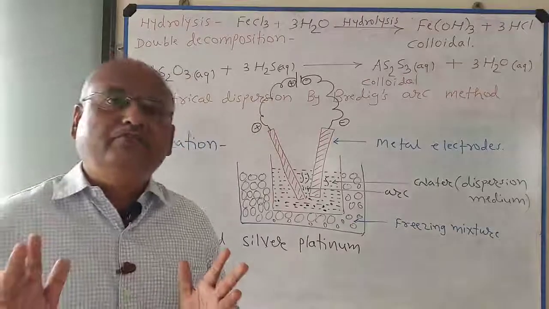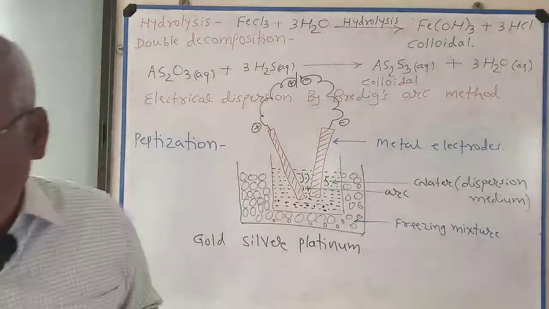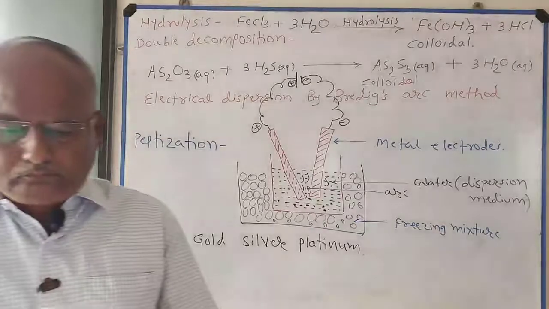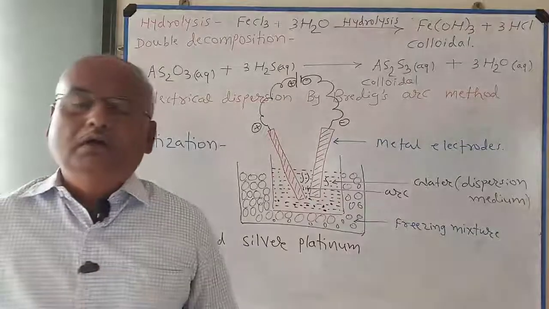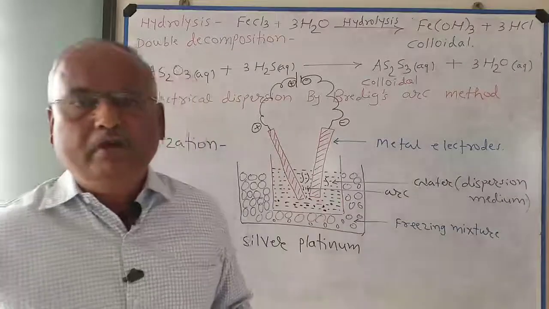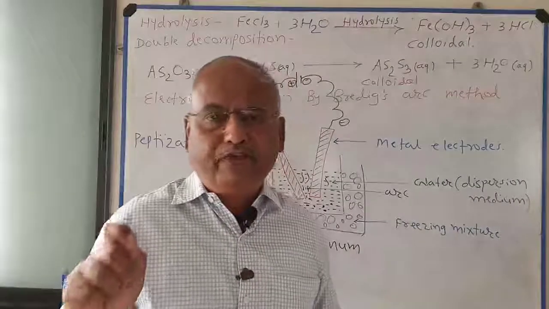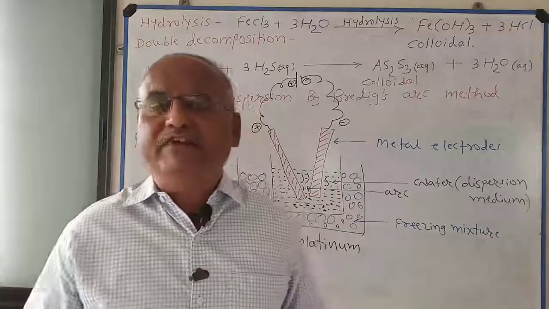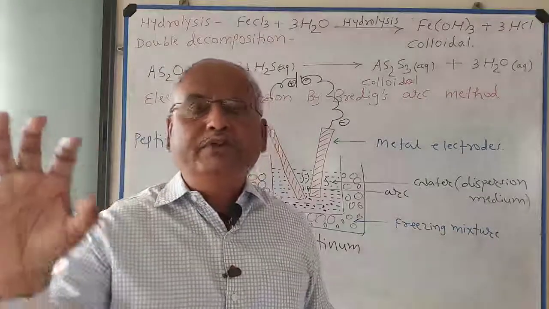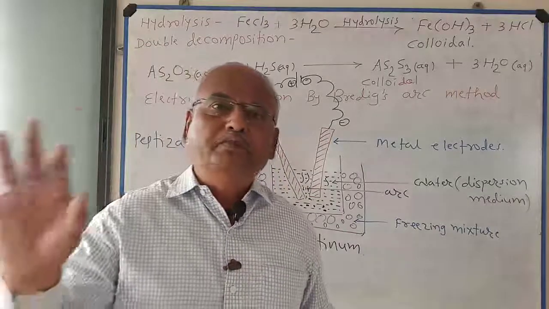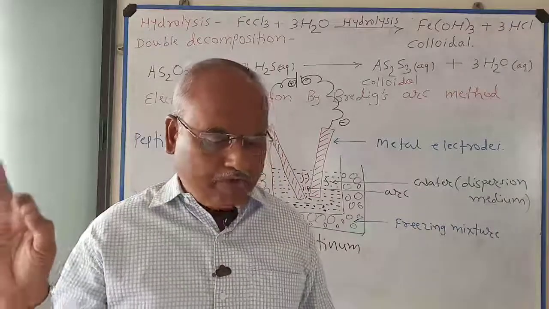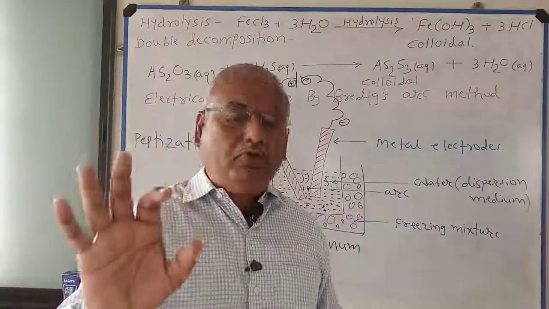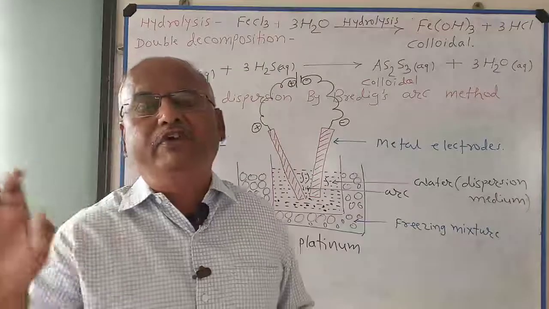This process is known as peptization. The process in which freshly prepared precipitate is converted into colloidal size by shaking with dispersion medium in presence of small amount of electrolyte is called peptization. The electrolyte is known as peptizing agent.